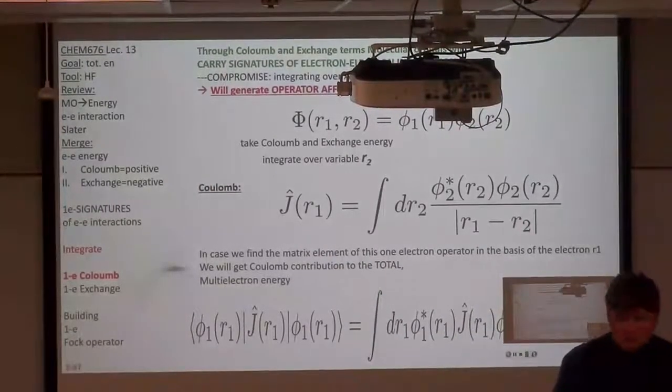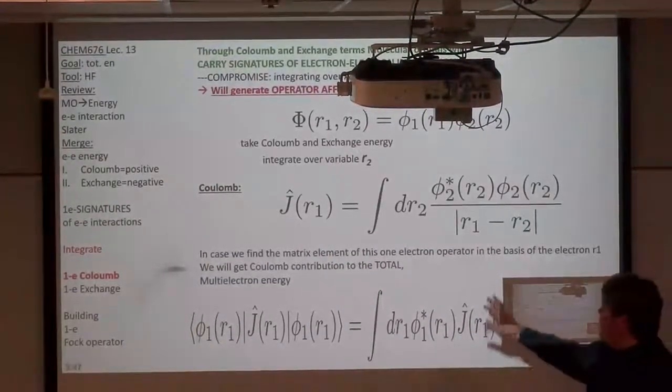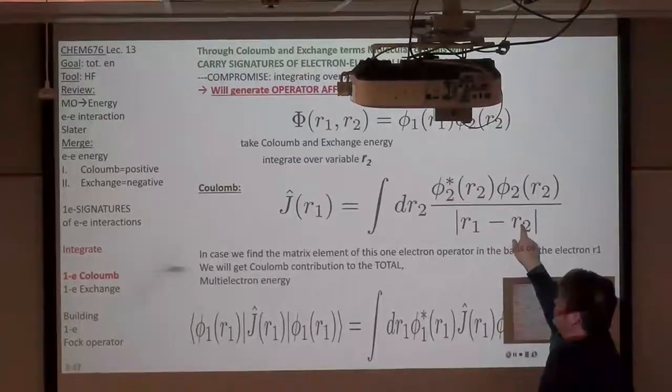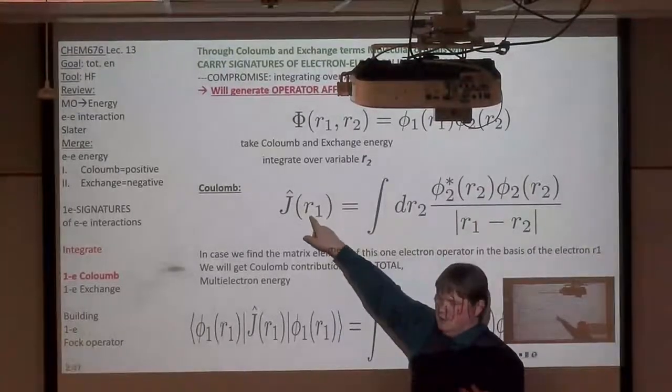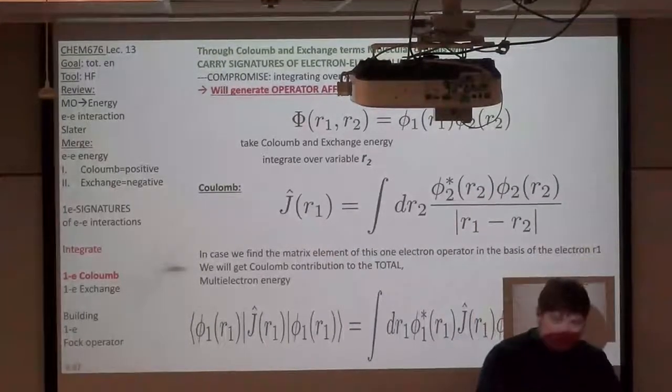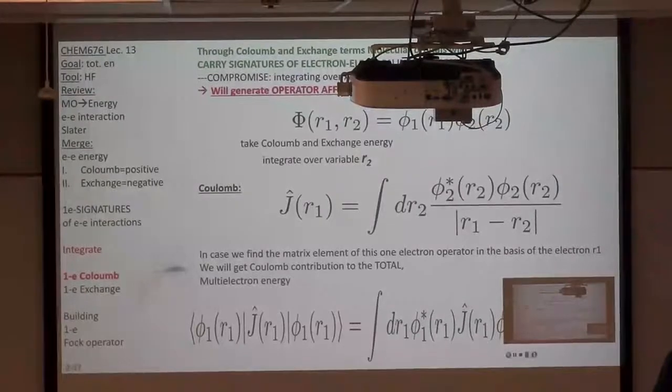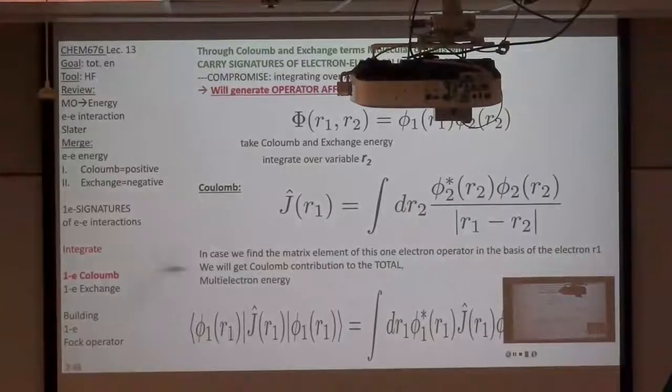So we partially integrate over the position of the second electron and keep the operator nature with respect to the first electron. Briefly, people call it Coulomb. It is the repulsive influence of the second electron onto the first electron.